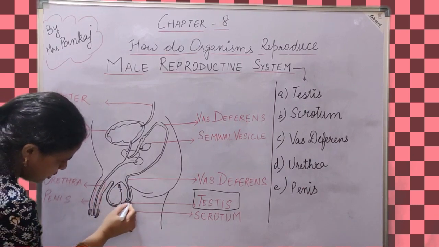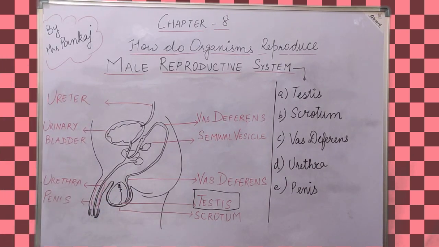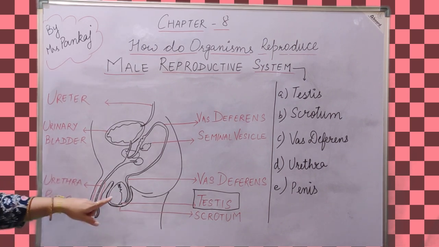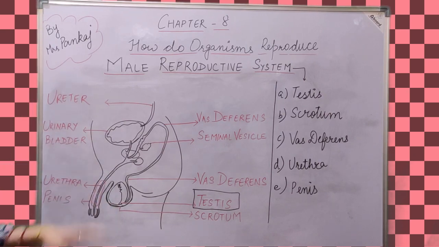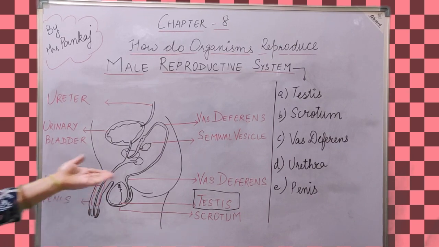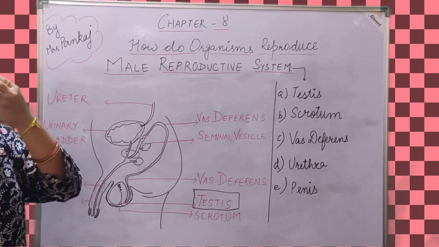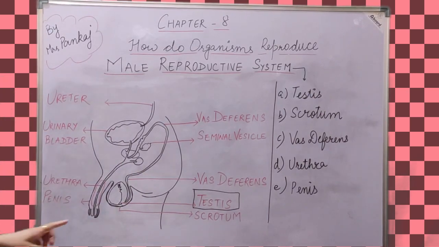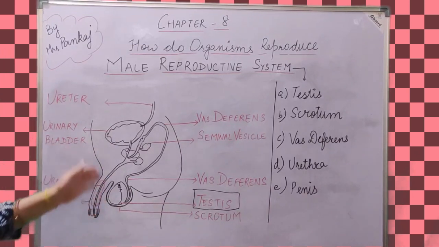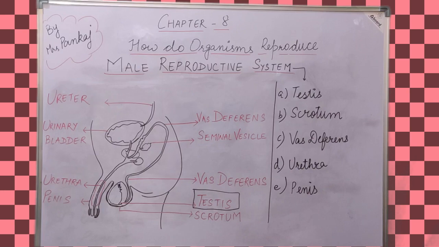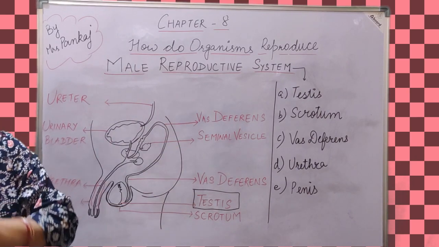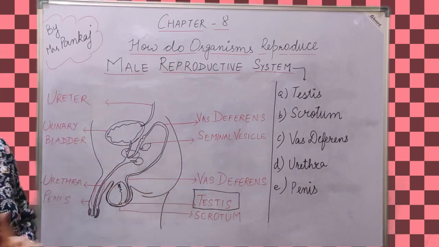The two testes are the male gonads, which are the sites for the production of sperm or male gamete. But for all this to occur, like I had told you about puberty, a male produces sperm from puberty onwards and throughout his life. So this is all about testes.